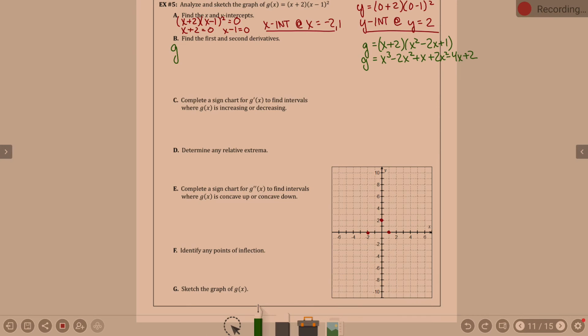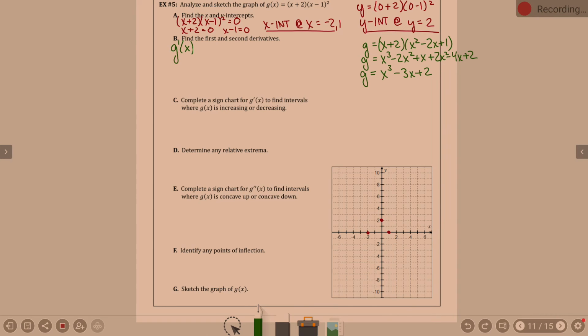If I clean this up, x cubed minus 3x plus 2 is another form of the function, yes? And then I can do derivative. If you did product rule, it should work.